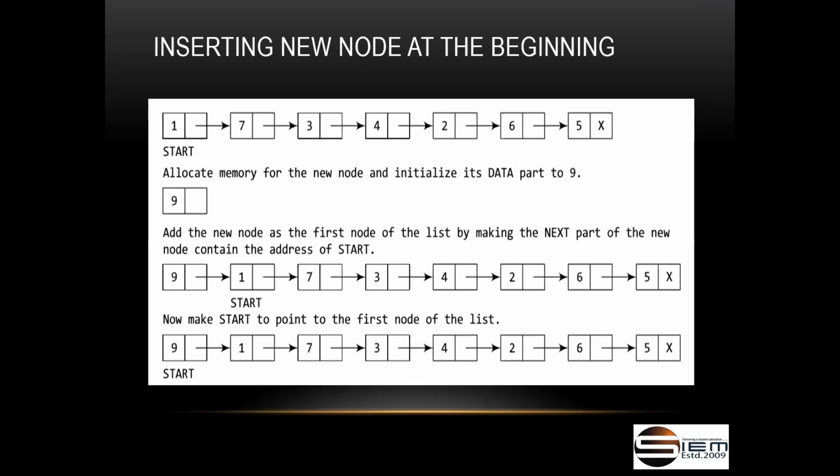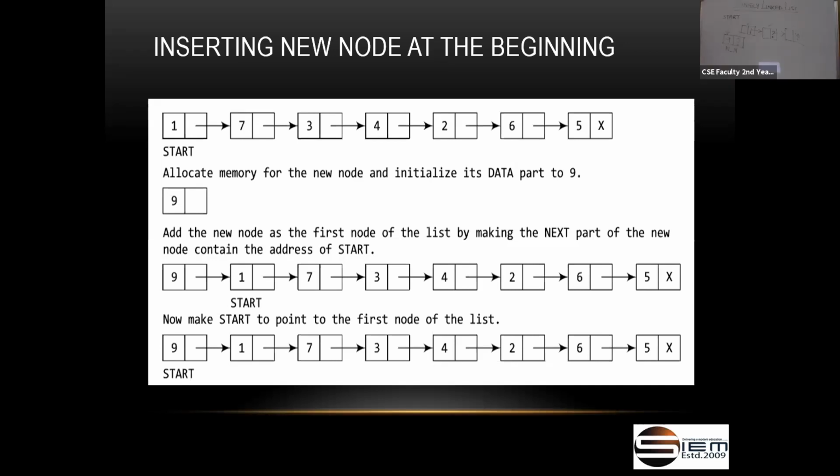Not properly clear. Can you repeat again? Okay. You see, this is the new node. You have to make it the first node. To make it the first node, you have to join this one with this one. It should go this way, because this is the first node. That means you have to join this one and you have to join it with start also.